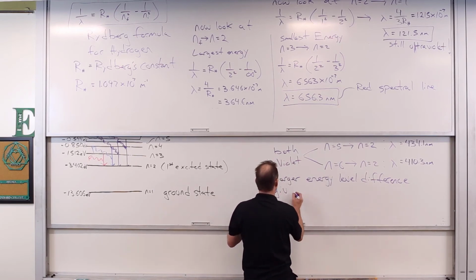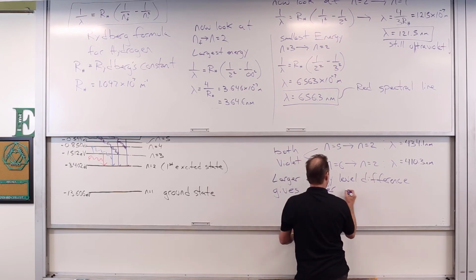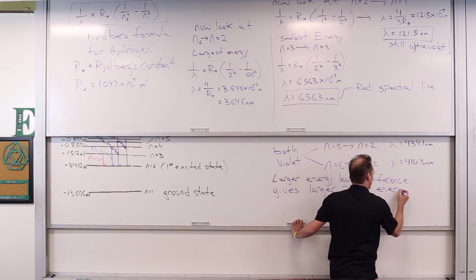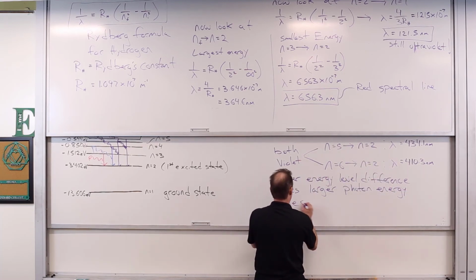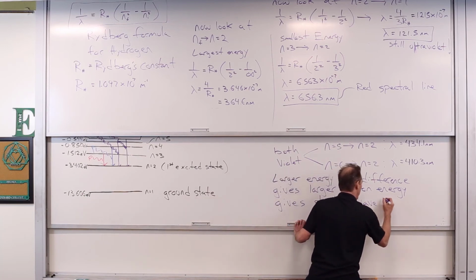So larger energy level difference gives larger photon energy, which gives shorter wavelengths.